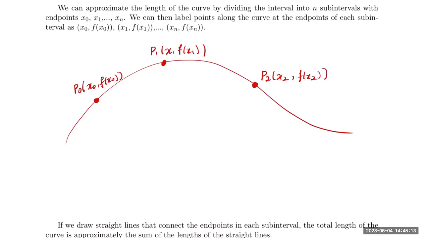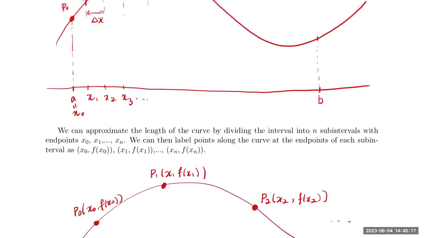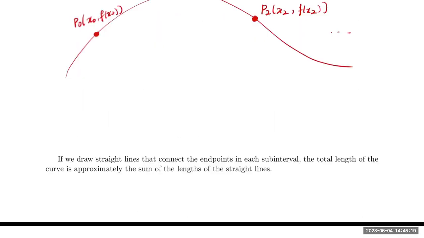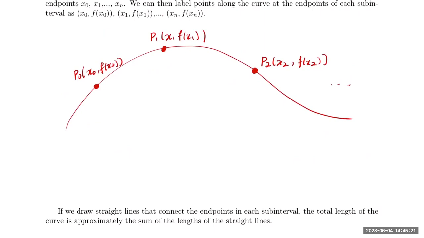And suppose that this just keeps on going. Then we could connect the lines here. If we connect these, we could actually approximate the length here if we consider more points along the curve.